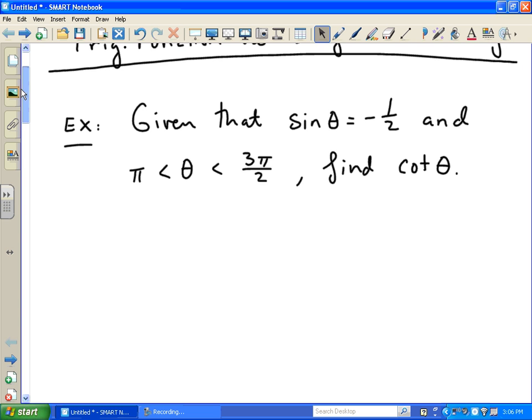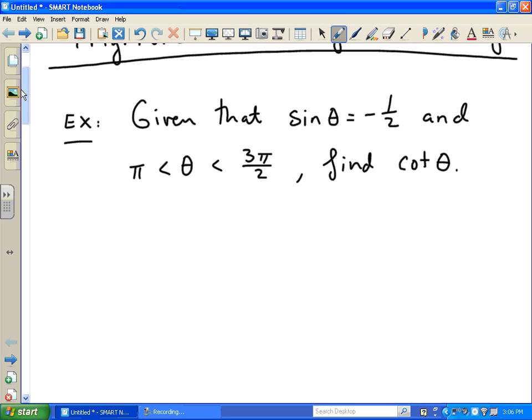The first thing here, once again, knowing that sine is equal to negative 1/2 means that I need to determine which quadrants that is possible in. So sine of theta equaling negative 1/2 could be gotten only from the negative being in the top with the 1 and the positive being on the bottom with the 2, seeing that the ratio needs to be y over r.